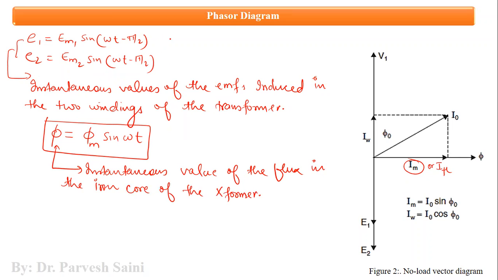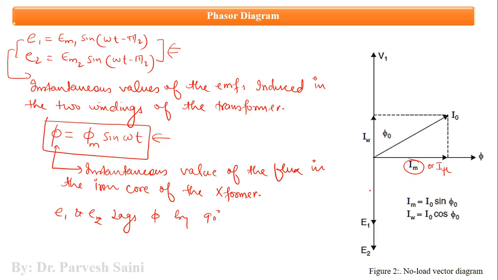Now, if you compare these two equations with this equation, you will find that E1 and E2 lag phi by 90 degrees, right?